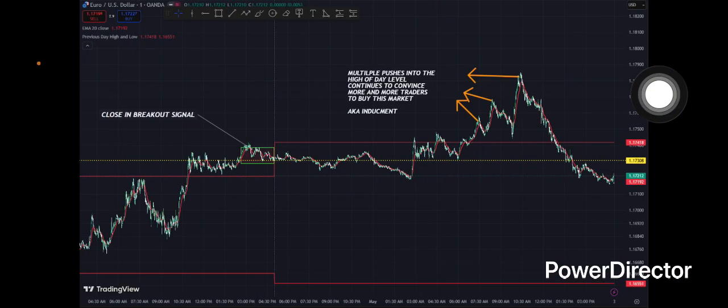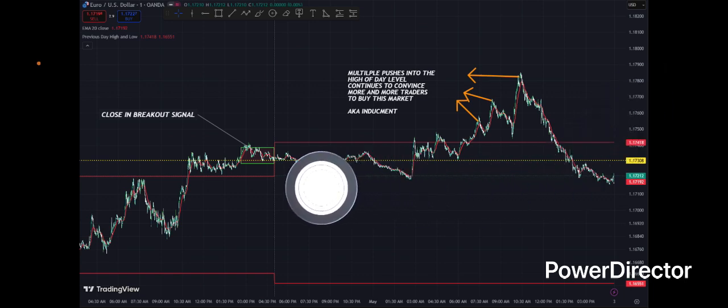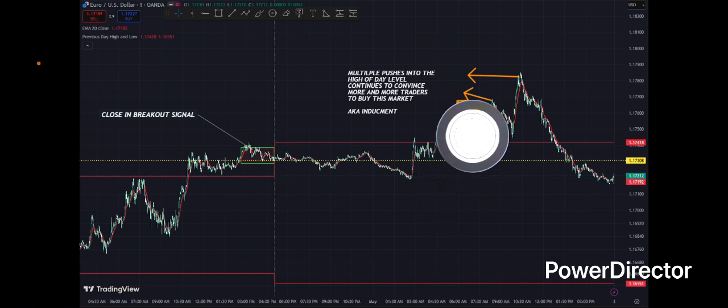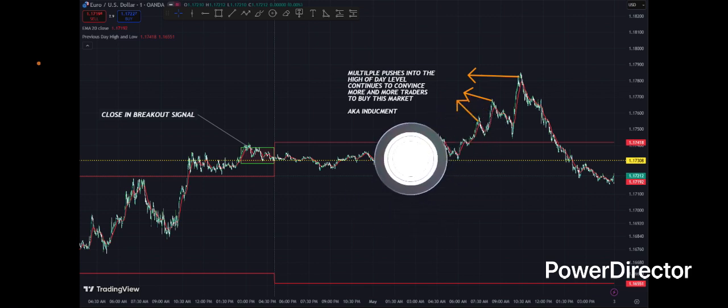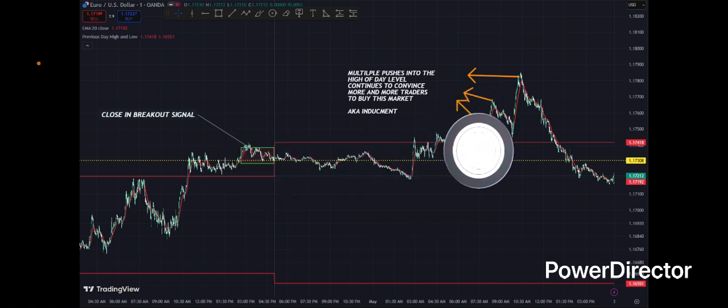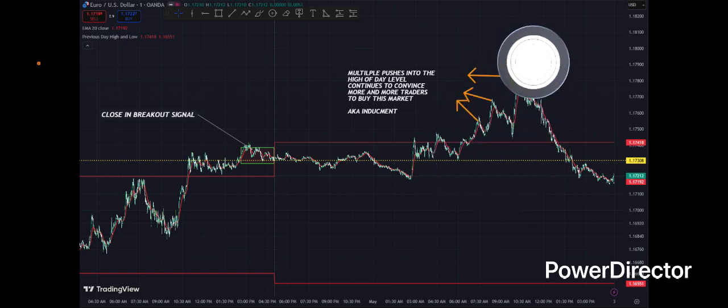And here we're looking at the Euro USD, okay? The same day, basically the same setup. We have our close and breakout signal the previous day, all right? And then here, we break out of that previous day's high and put in 1, 2, 3 pushes into the high.